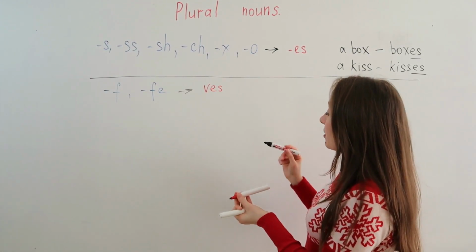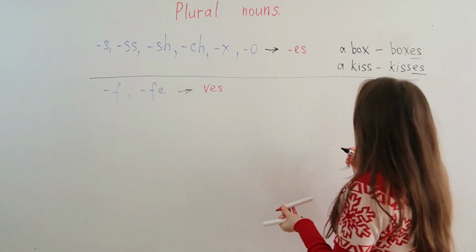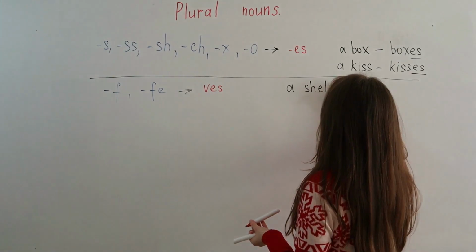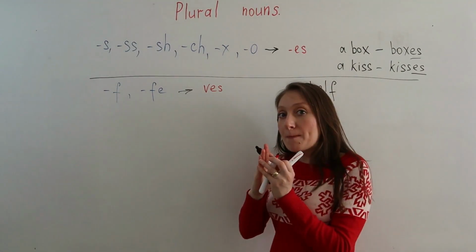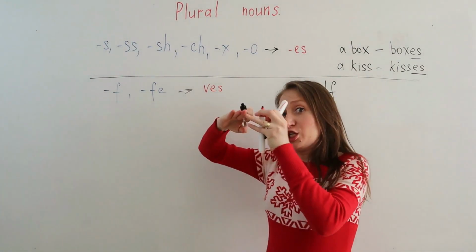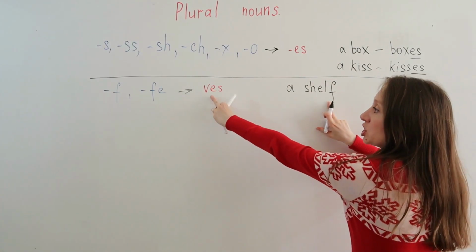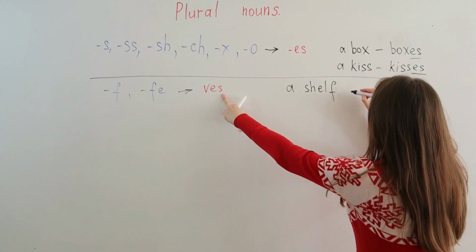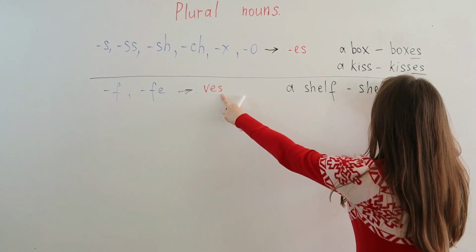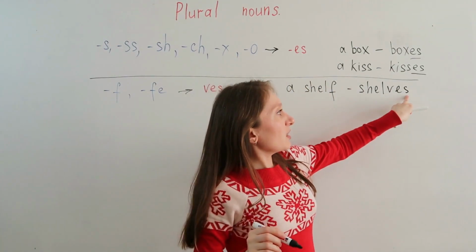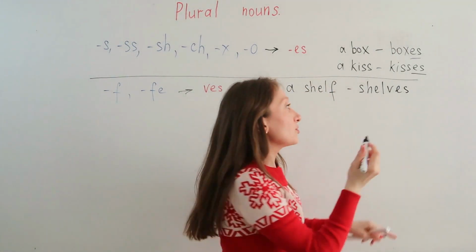The example for this type of nouns will be the following. For example, a shelf. What is it, shelf? You put books on the shelf. Shelf, right? So we have f, we change it into ves. We have shelves. Shelves. And this sound gives you a little bit of a z sound.